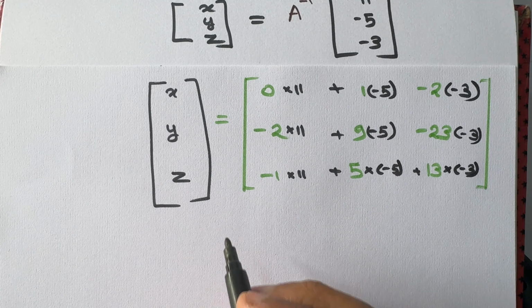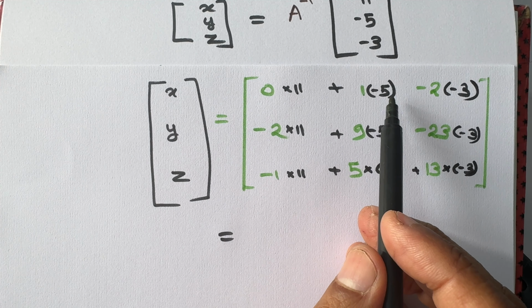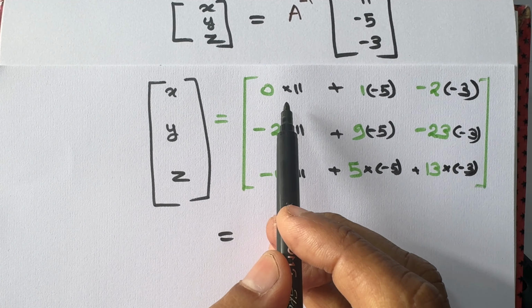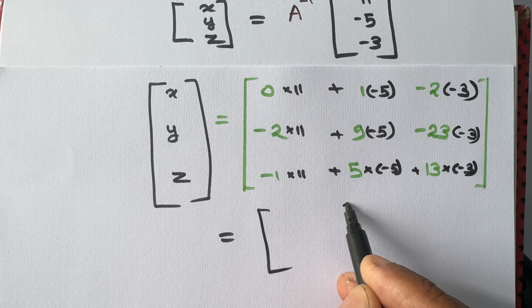Okay, now we just need to compute those values. 11 minus 5 is 6. Sorry, 6 minus 5 is 1.